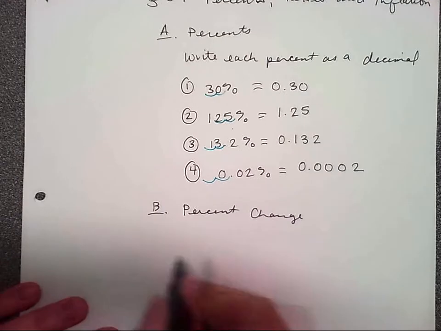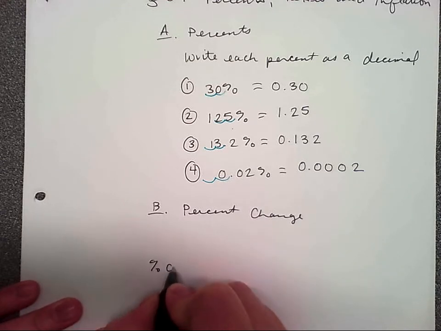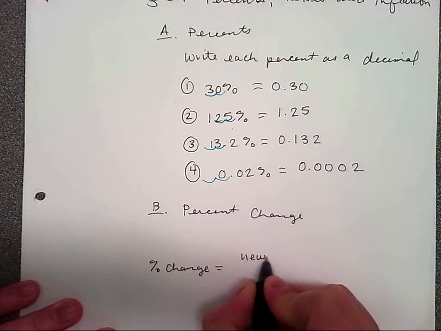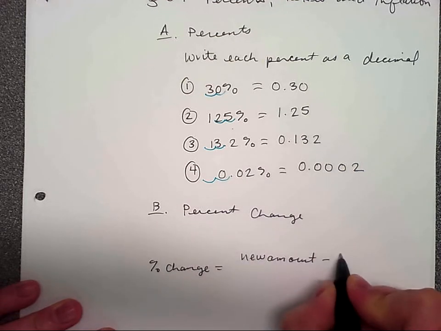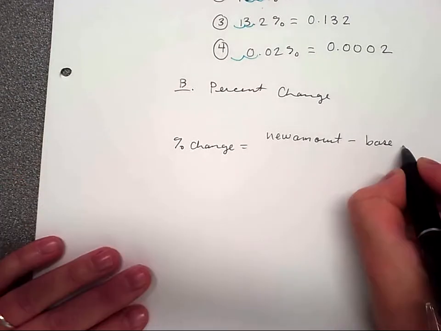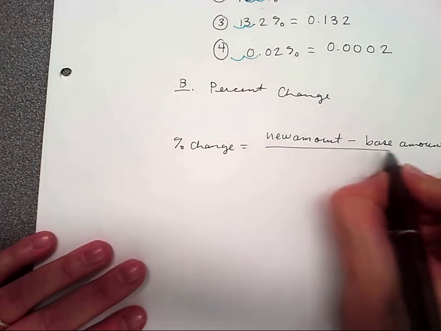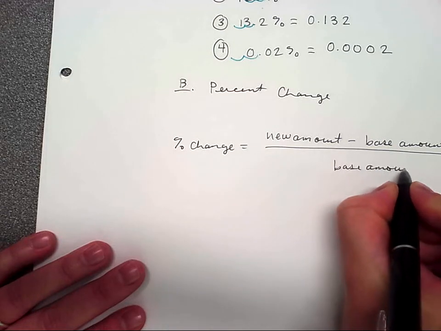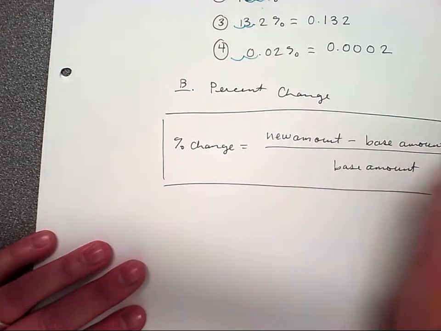So we have a formula. Percent change equals new amount minus base amount divided by the base amount. So this is the formula for percent change.